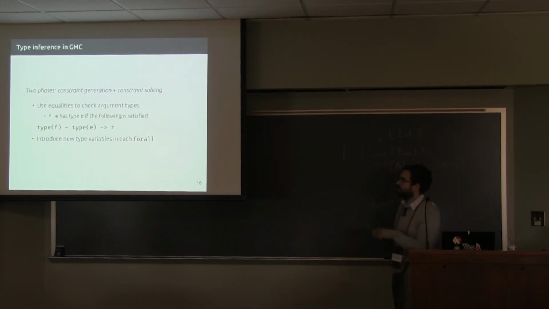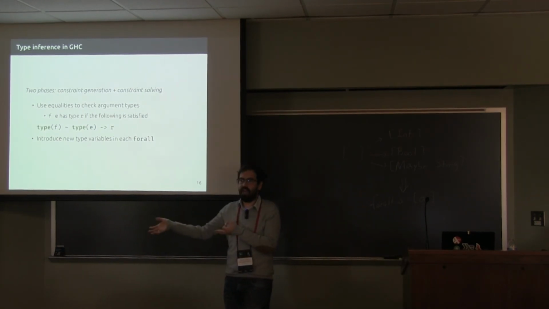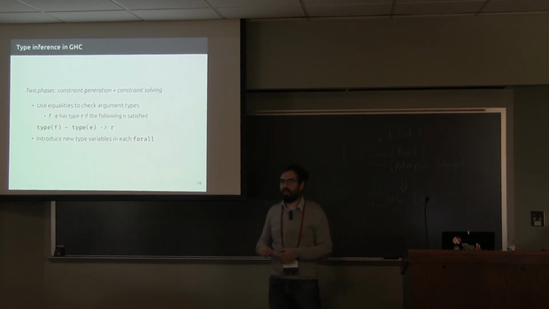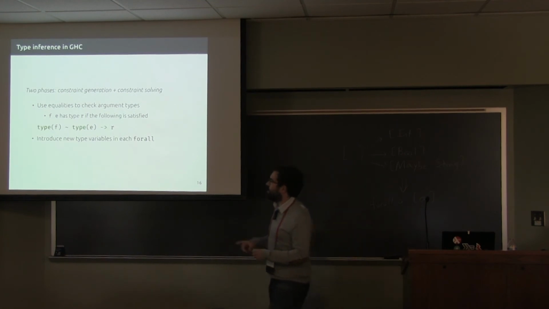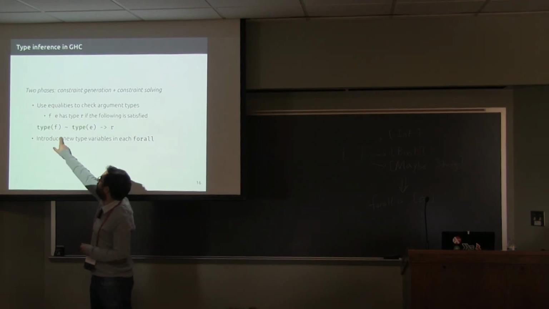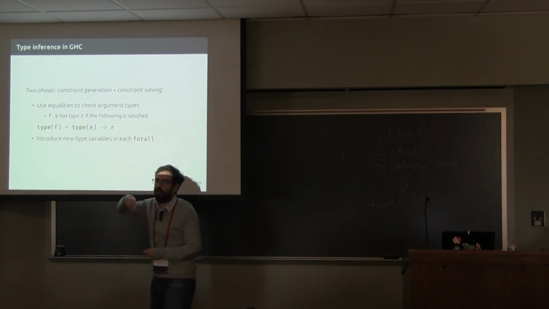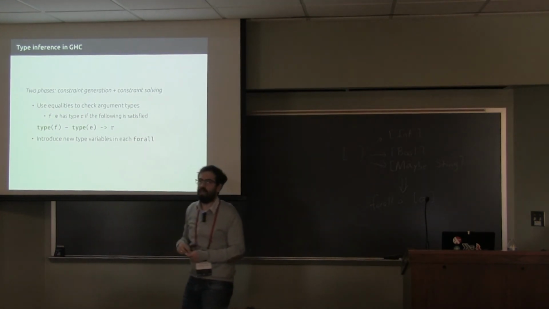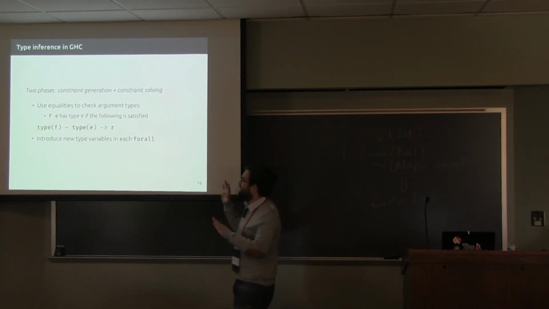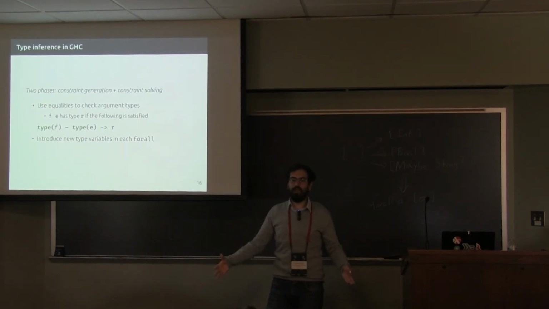So for example, if you have an expression like f of e, where the function f is applied to e, regardless of what the type of f and the type of e are, you know that the type of f must be a function type, the argument must be the type of this argument that you are given, and it returns some other type R. If you mentally change the symbol they use in GHC for an equality, this is just like an equality between types.